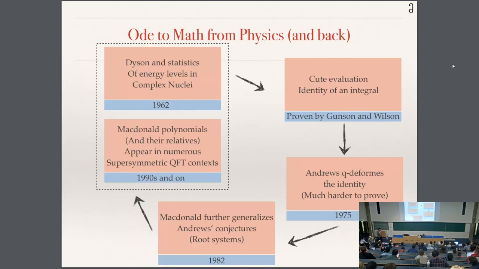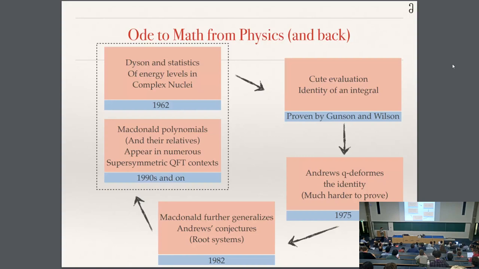Macdonald saw a much deeper structure in this identity, and he associated it to various root systems and developed a whole theory of symmetric polynomials to prove these identities. And these Macdonald polynomials made a full turn to physics, and they started appearing in a lot of supersymmetric quantum field theories in context starting from the 90s, and in particular these indices.